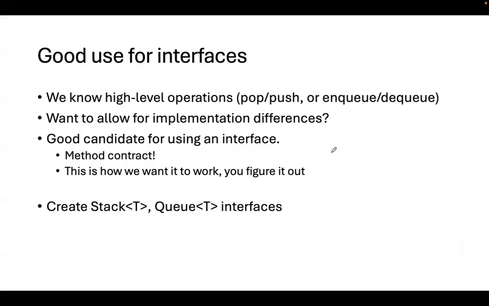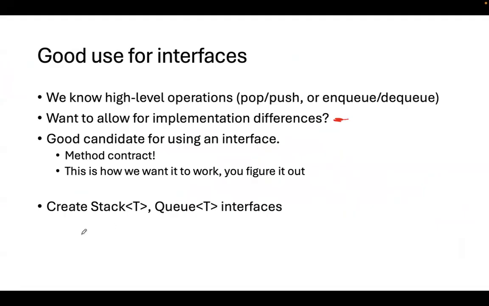At our drawn conceptual level, we should get the same result. And so allowing for implementation differences, this is perfect for an interface, because an interface is just a method contract where we say, I want the stack to work like this, you want the push operations and the pop operations. That's what they need to be called. And then you can just figure out how it needs to do what it does.